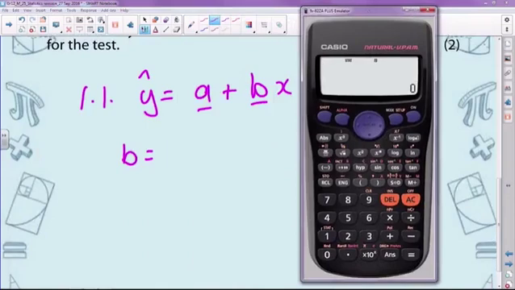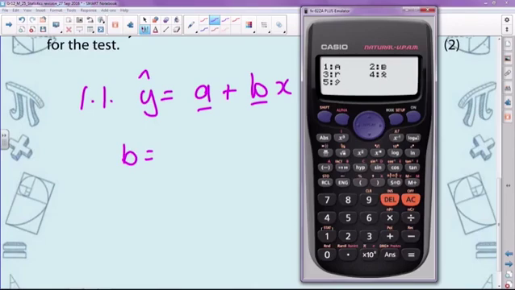To do that, you follow these steps. You hit Shift, Stat. This brings up the screen as you see it. We're doing regression, and that's represented by number 5 with the letters reg. When you press 5, you get all the different variables that you could work out: A, B, R, X hat, and Y hat.